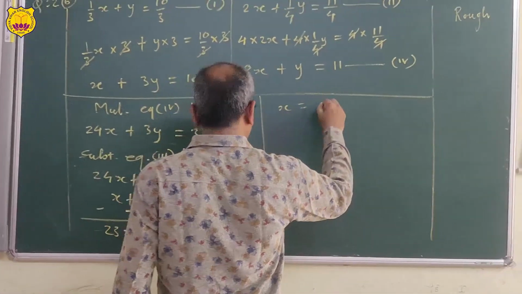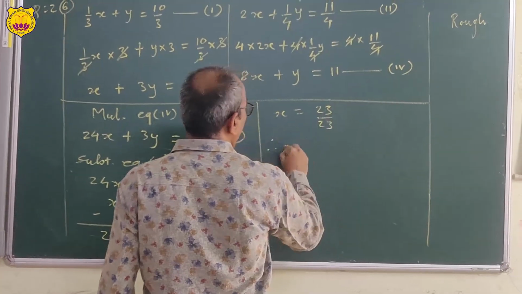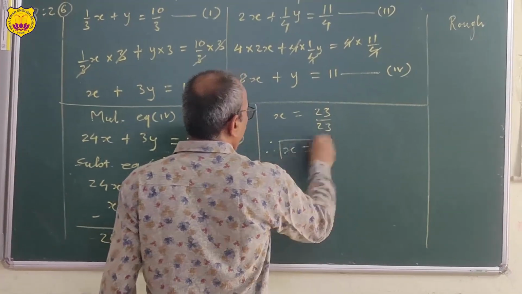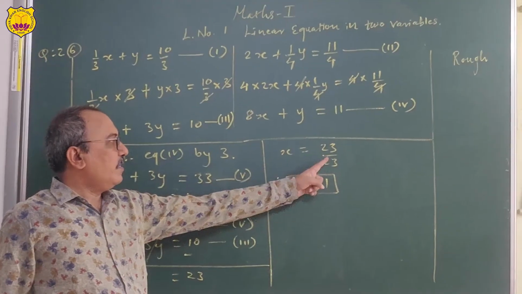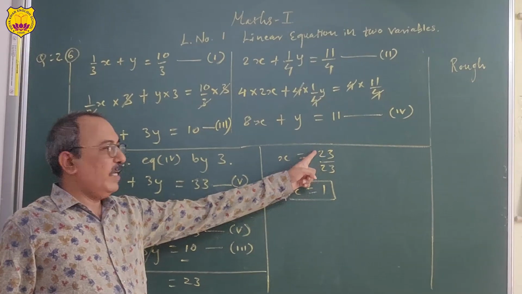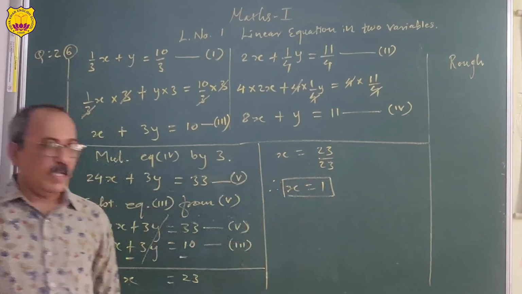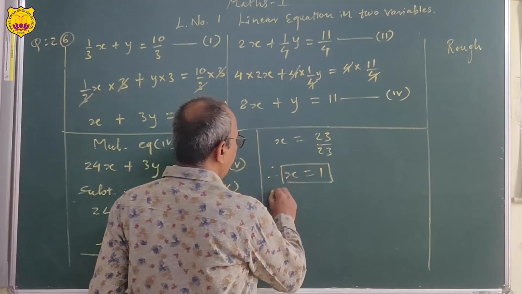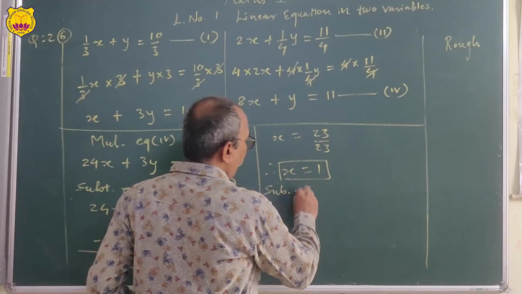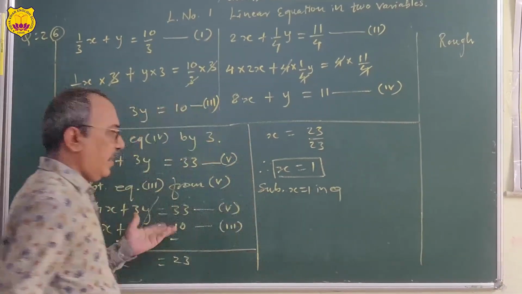Now this 23 will shift there as usual. So x is equal to 23 upon 23. Therefore, x is equal to 1. That is 23 divided by 23, or you can say 23 ones are 23. So here we get the value of x as 1. Then substituting x is equal to 1 in an equation, you can take any of the equations.